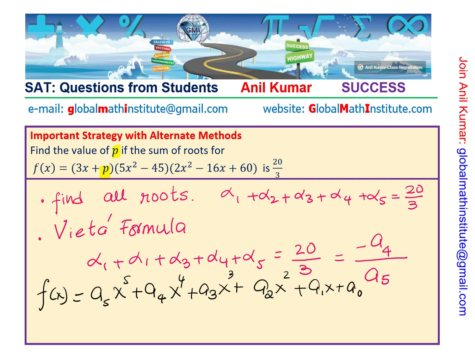That is what it is. And the ratio of a4 with a5, and negative, gives you the sum of the roots. So that is what you get.